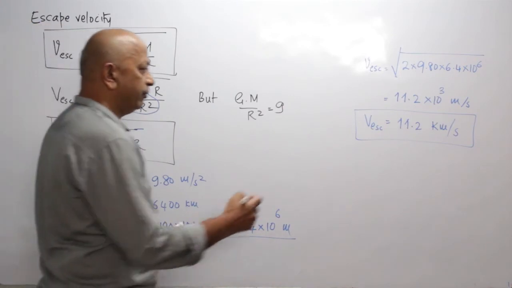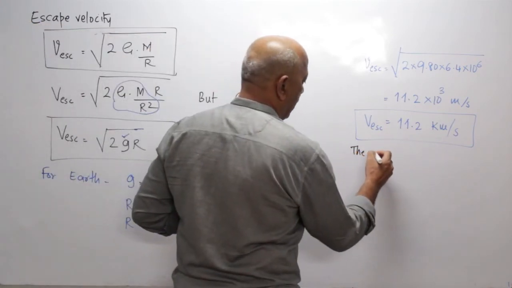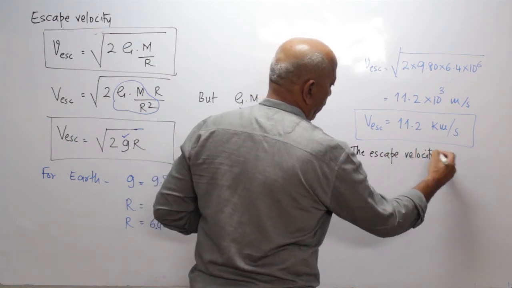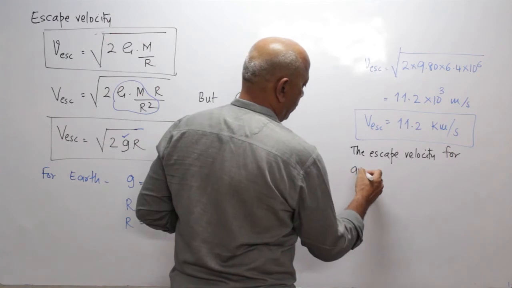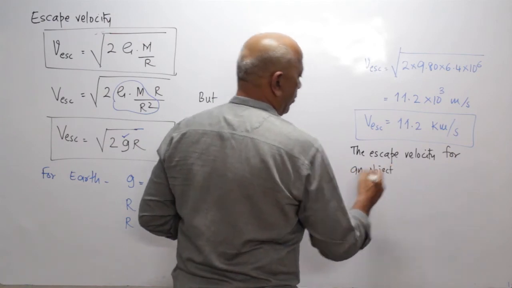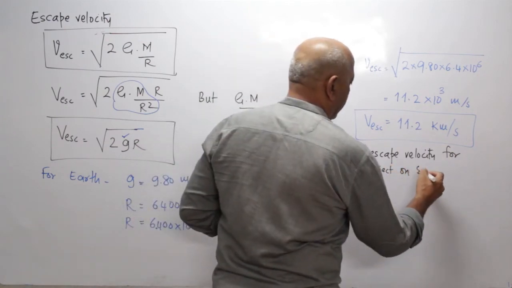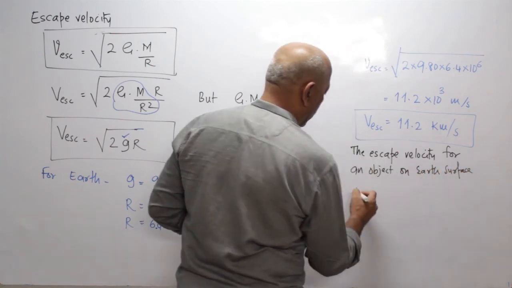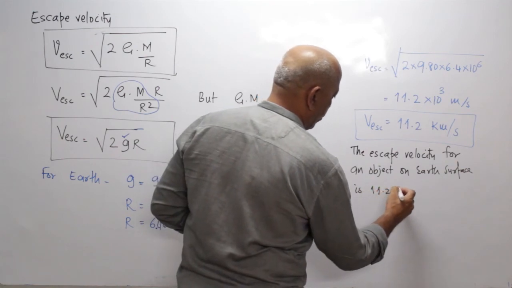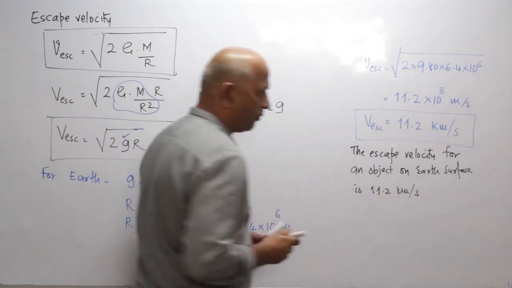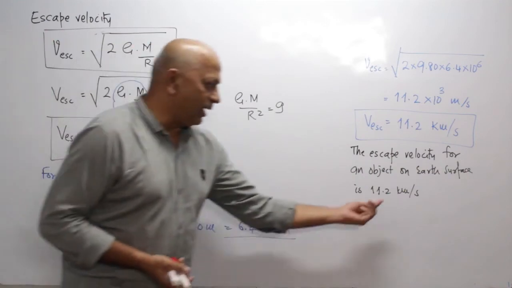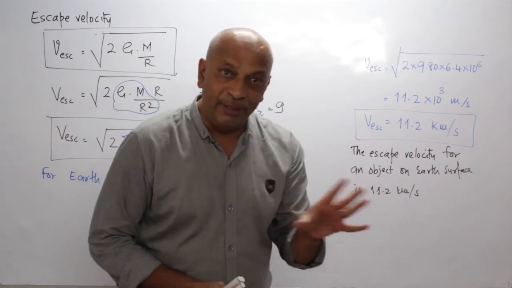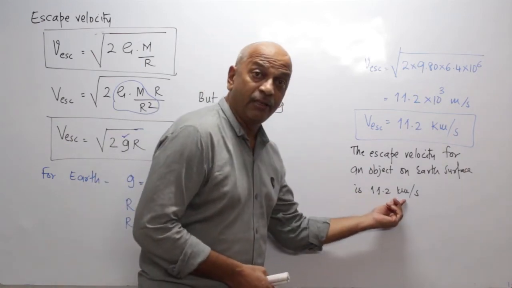So you can write down the escape velocity for an object on Earth's surface is 11.2 kilometers per second. You have a feeling about 11.2 kilometers per second. 11.2 is not meter per second, it's kilometer per second.